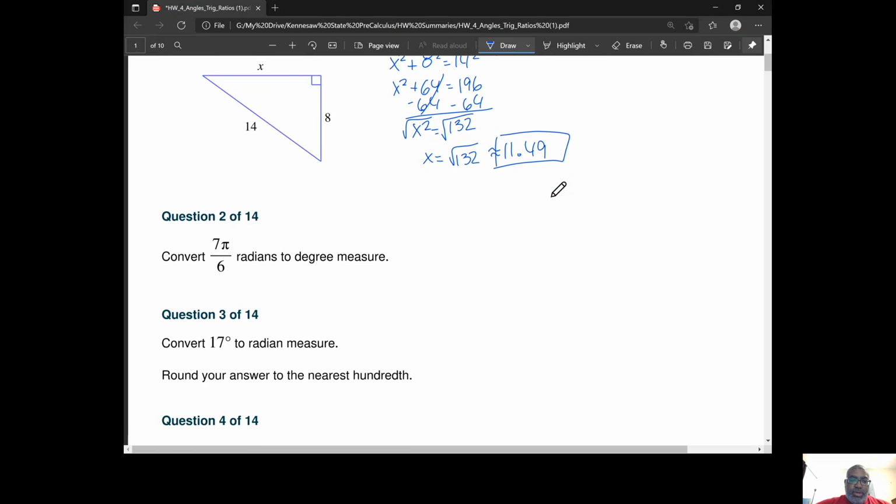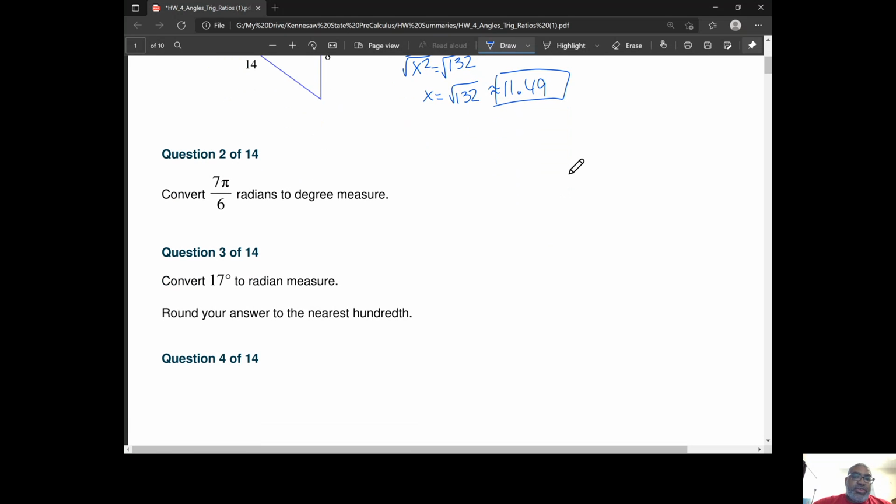Convert 7 pi over 6 radians to degree measure. So 7 pi over 6 times 180 degrees over pi is equal to 7 times 180, which is 1260 pi over 6 pi.